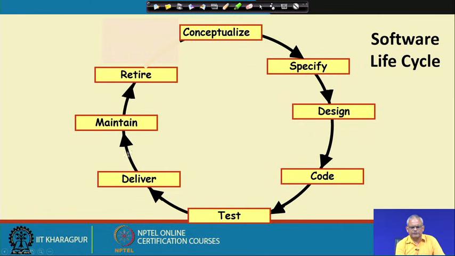Then later problems are maintained, and after some time the software may not be needed anymore, maybe because the business has changed, maybe different and much better software has become available, or maybe the hardware changed and is no more used. For whatever reason, slowly after many years it is no more used and it is retired.